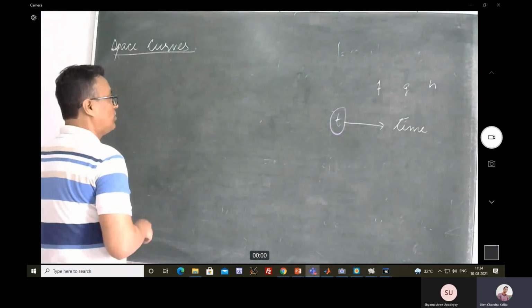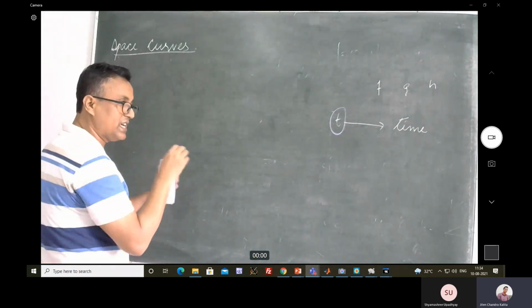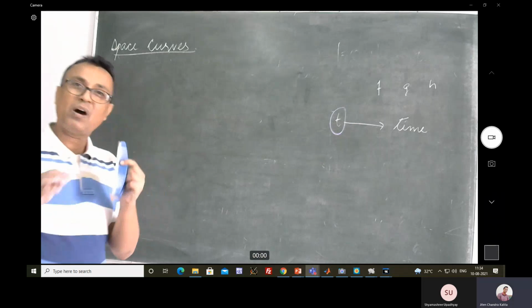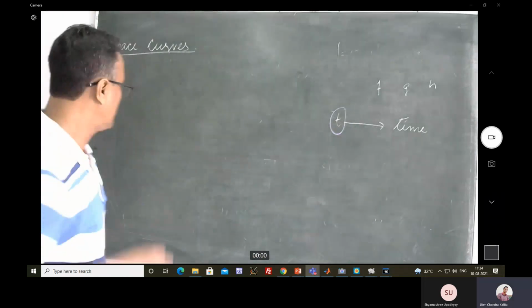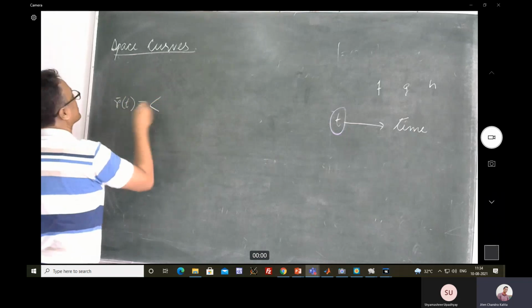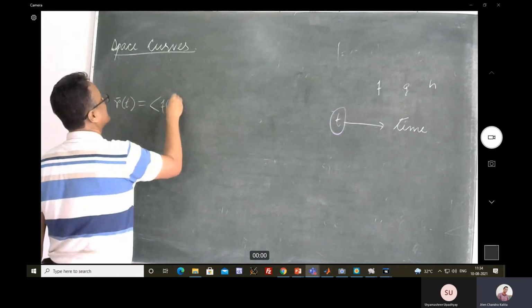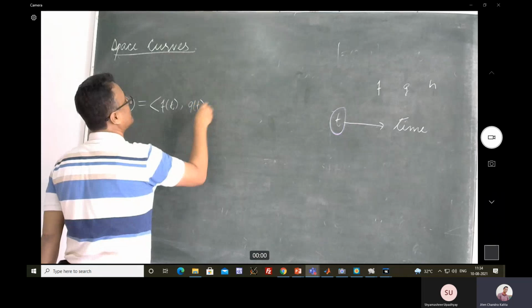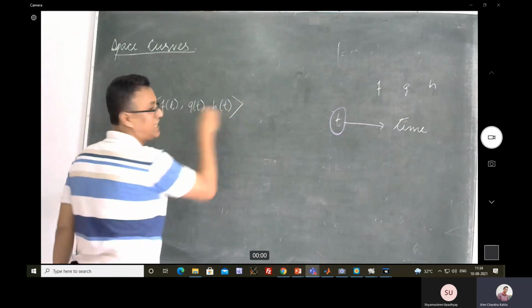Okay. So now let us think about a vector-valued function in this way. Suppose I have a vector-valued function defined by f(t), g(t), h(t).